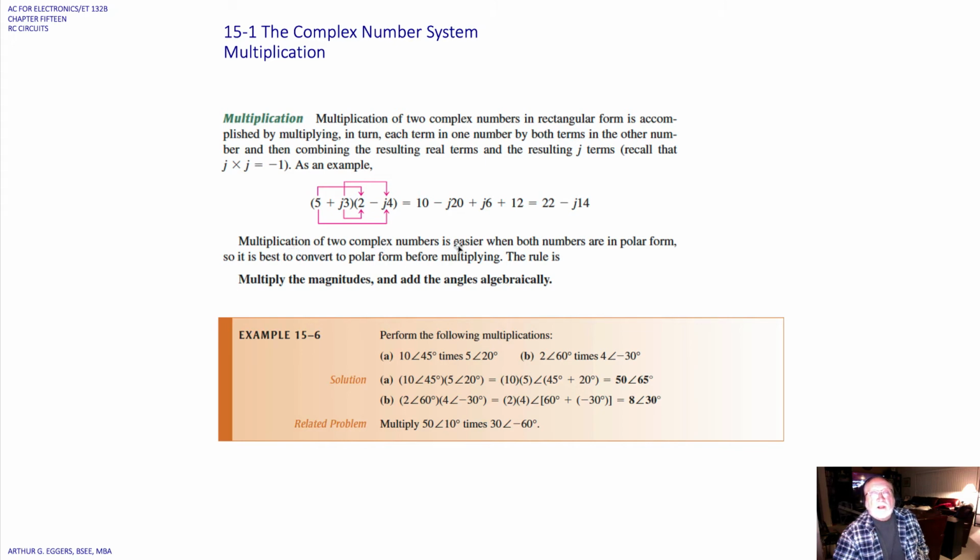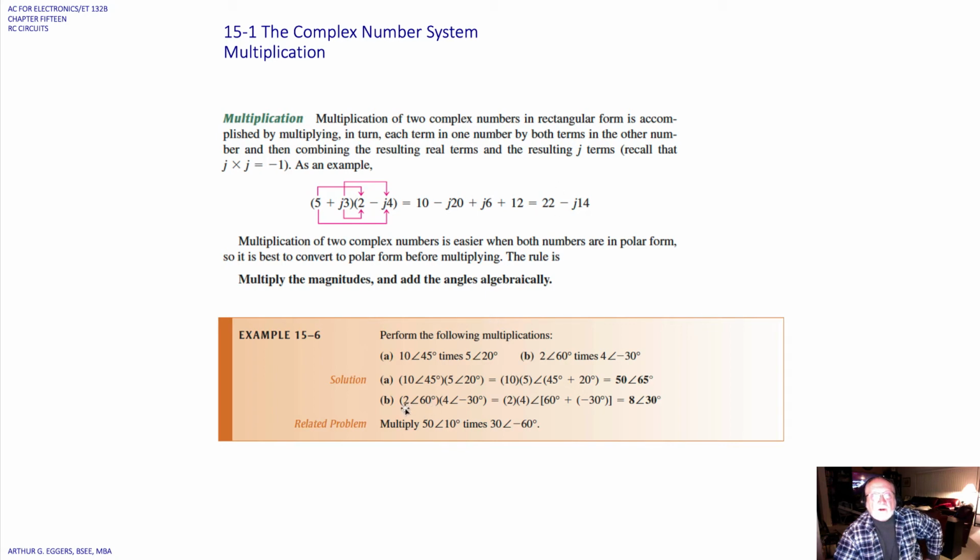Multiplication of two complex numbers is easier when both of the numbers are in polar form. So it's best to convert to polar form before multiplying. In this example, we're going to multiply 10 at an angle of 45 times 5 at an angle of 20. So in this case, it's 10 times 5, you don't have to do any manipulating there, and then add the angles, 45 and 20, which gives us 65.